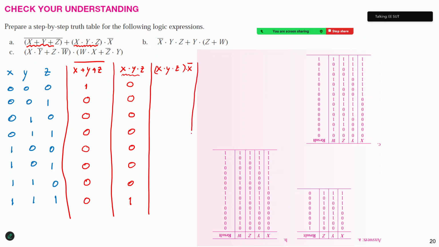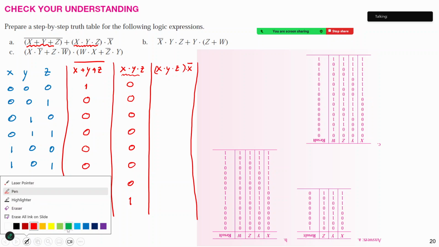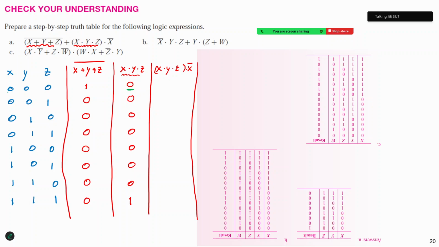What happens? 0 and the inverse of x, 0 and 1, we get 0. In fact, 0 and anything, we get 0. If a 0 is there, it's 0. So 1 and the inverse of x: in this case, the inverse of x is 0 because x is 1. So here we also get 0.